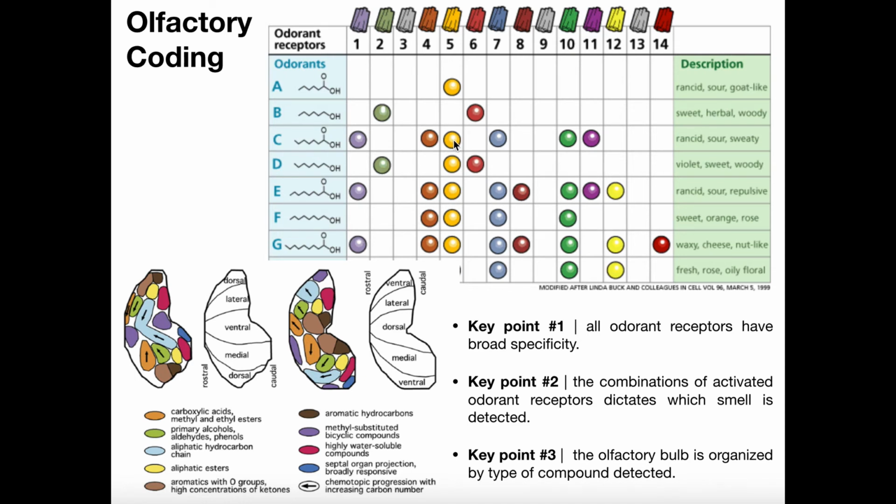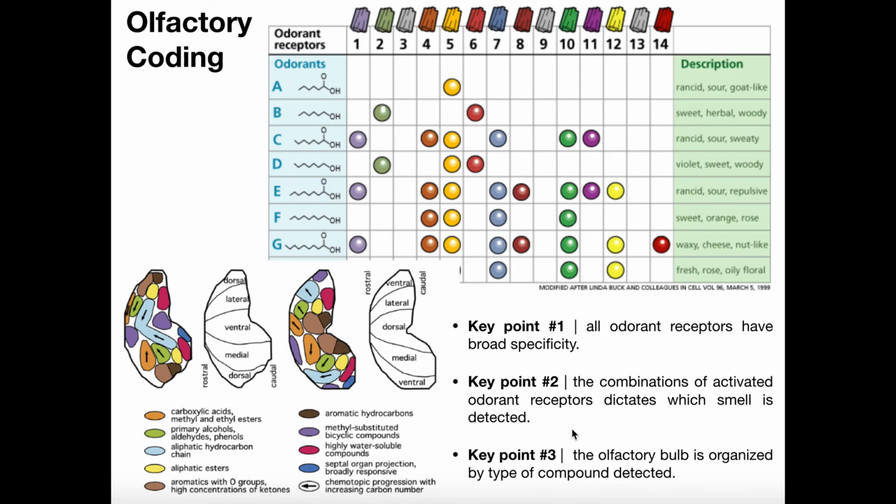However, it also activates 1, 4, 7, 10, and 11. We could also look at odorant B. This one activates odorant receptors 2 and 6. And so what we see here is key point 2. The combinations of activated odorant receptors dictates which smell is detected.